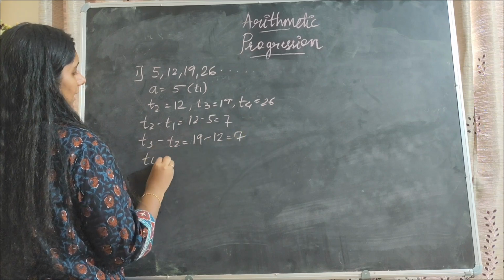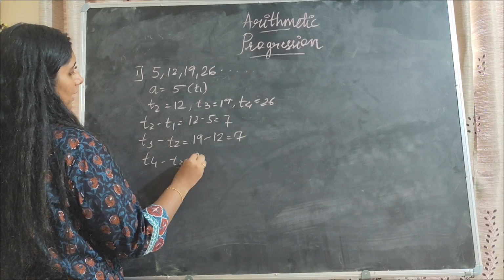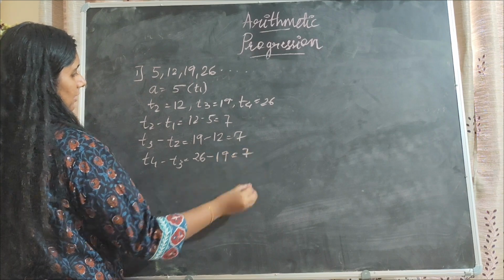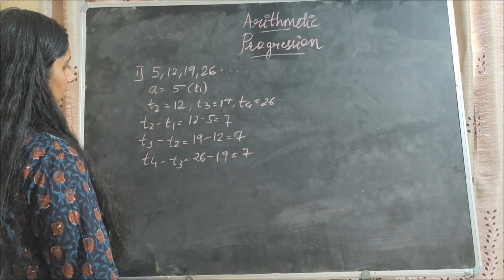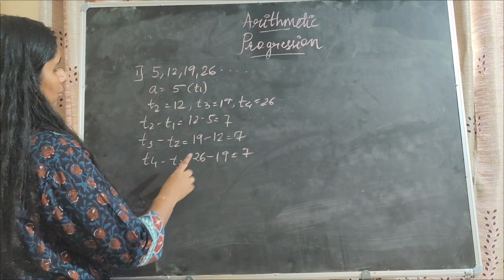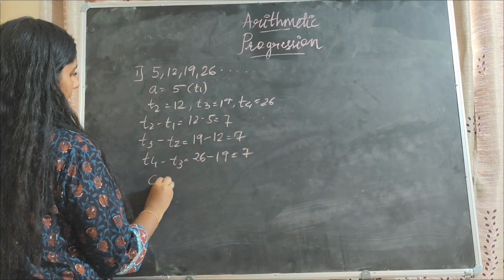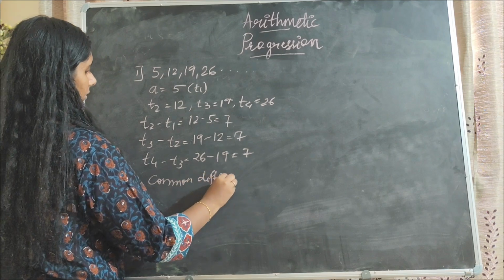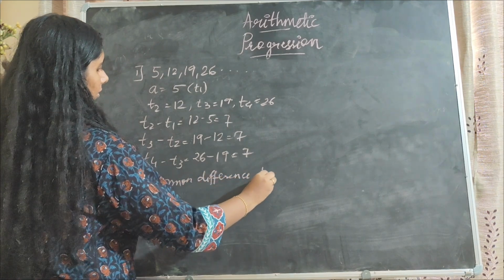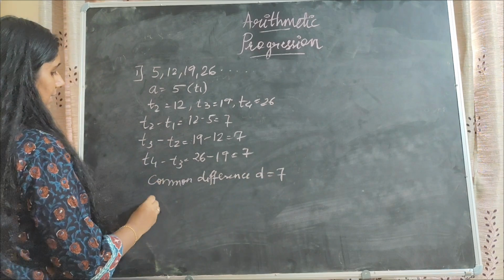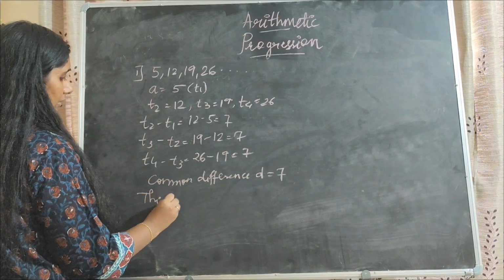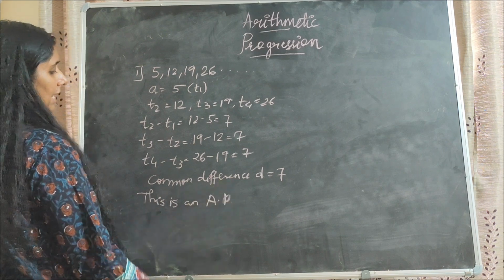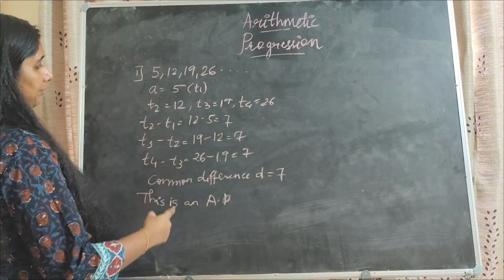And T4 minus T3 is 26 minus 19, which is also 7. So there is a common difference D, which is 7. So this is an arithmetic progression, an AP.